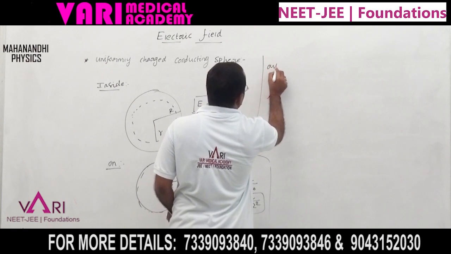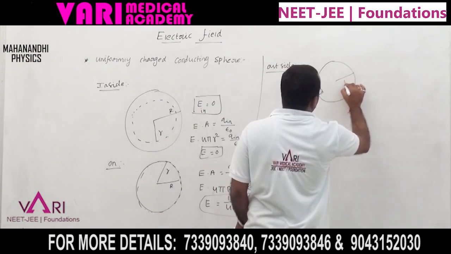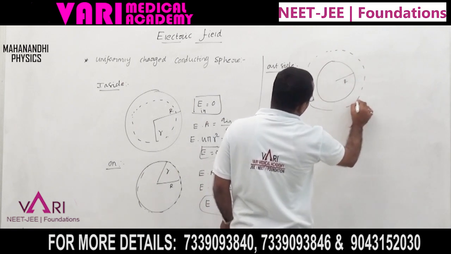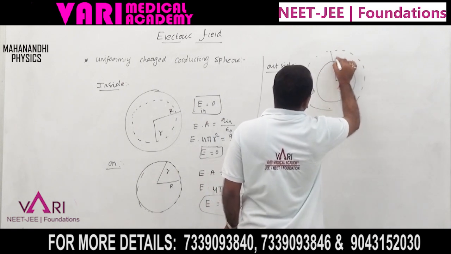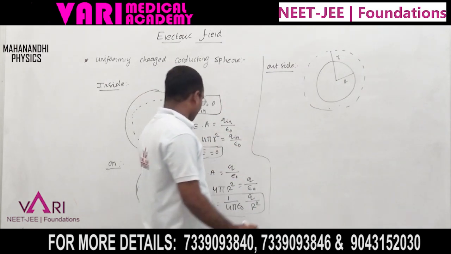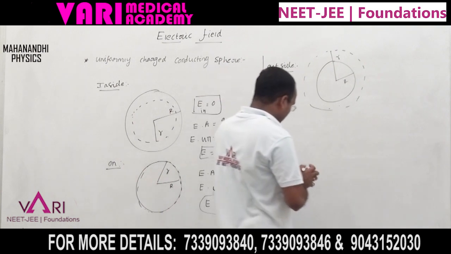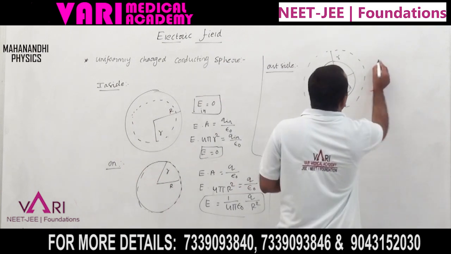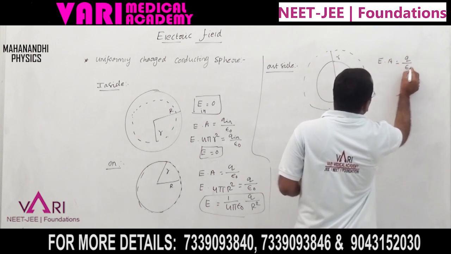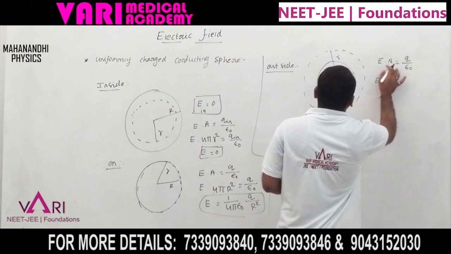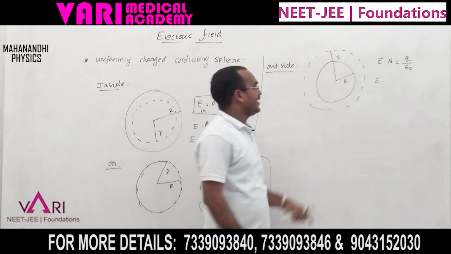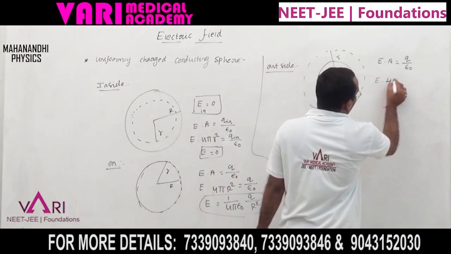Now the outer side. The solid sphere has radius capital R, but the Gaussian surface is outside the sphere, with radius small r. Electric field: E into A equals Q by epsilon naught, where the area of the Gaussian surface is 4 pi r square.